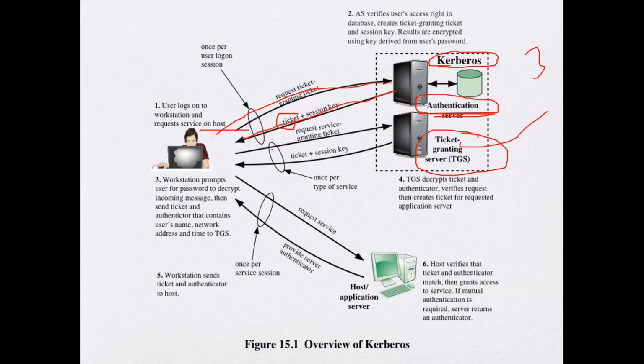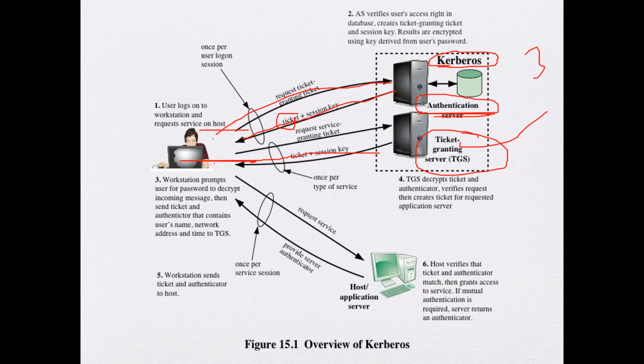Now when the user requests the service from the ticket generating server, this server is going to authenticate the ticket, whether the ticket was actually sent by this user or not. That will be verified, and based on that, the ticket plus session key is sent to the end user. This session key helps to request a service from another server or another host that the user is going to communicate with.